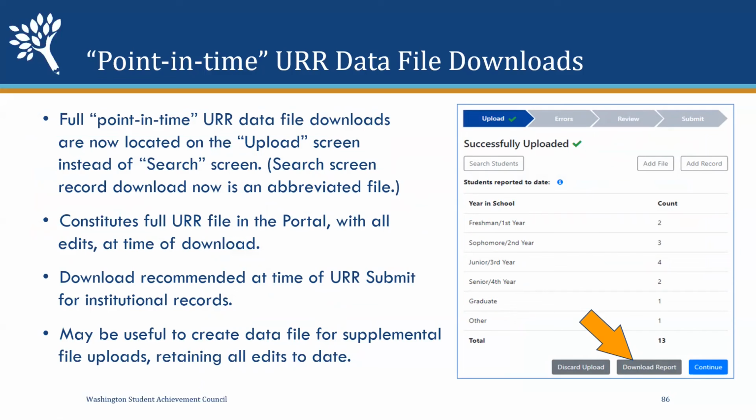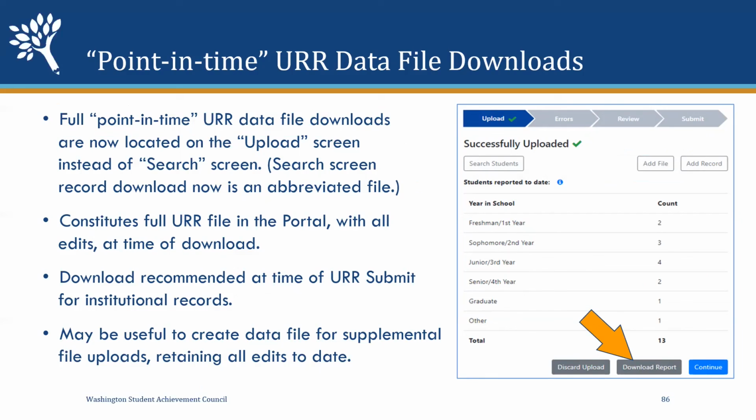However, it was not located at the submit screen. It was available through the search screen. And there was a button, and now the function of the search report download is different. The report that you receive from that search screen is not going to be your full data download.